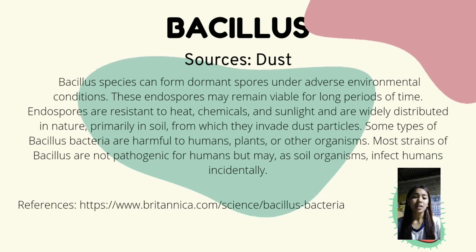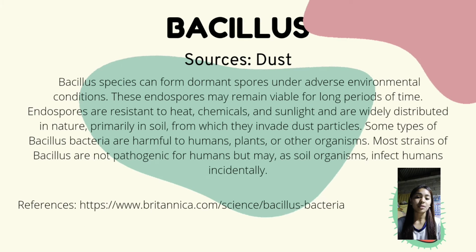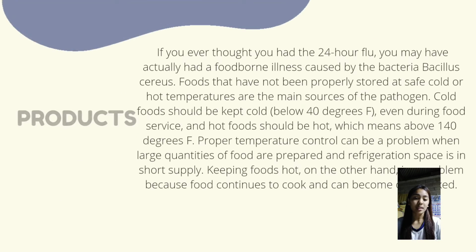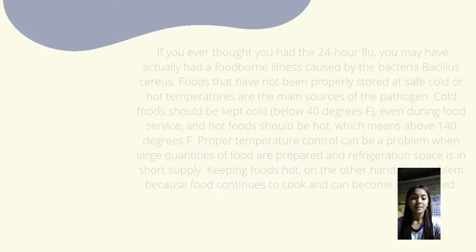Some types of Bacillus bacteria are harmful to humans, plants, or other organisms. Most strains of Bacillus are not pathogenic for humans but, as soil organisms, may infect humans incidentally.